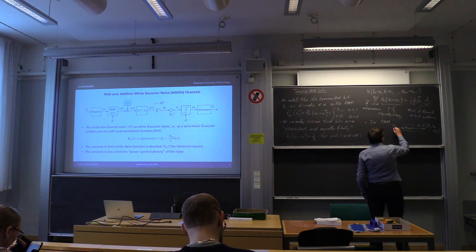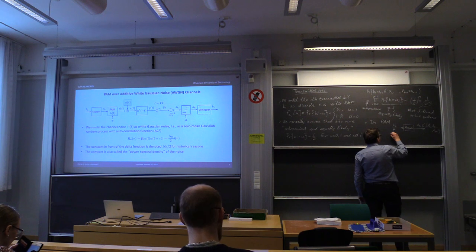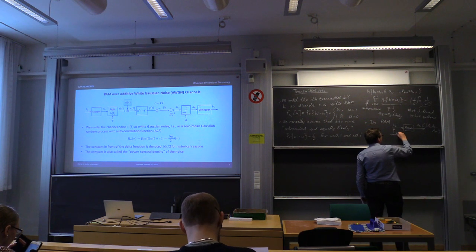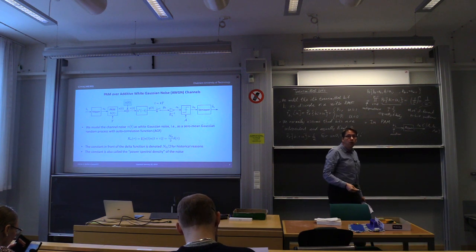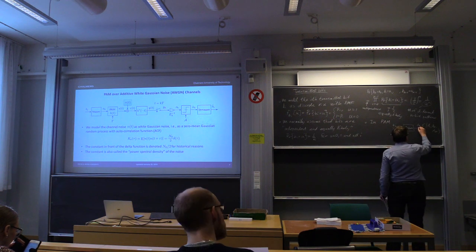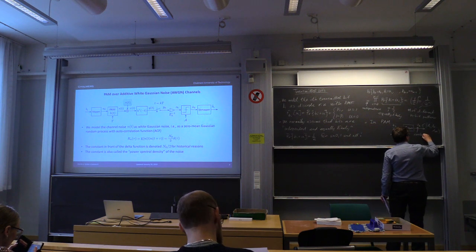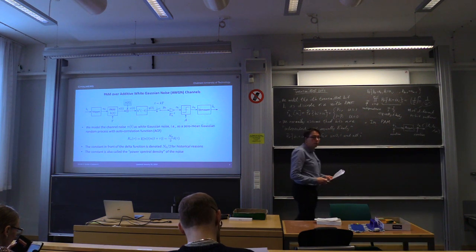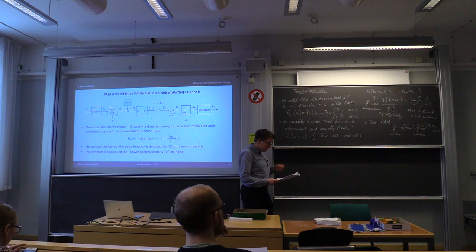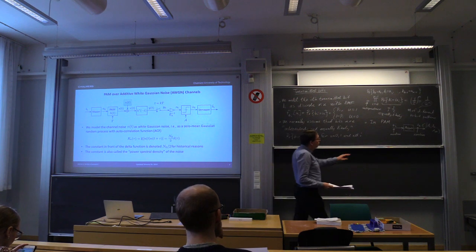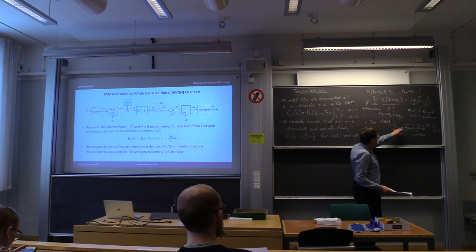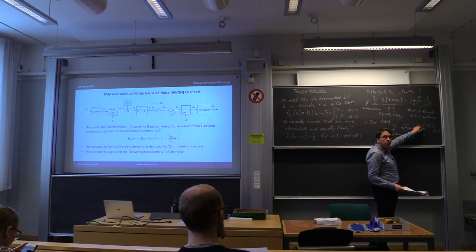Now, since the bits Bi are random, it's pretty clear that also the symbols are random. So, since the bits are random, the symbols will be random.